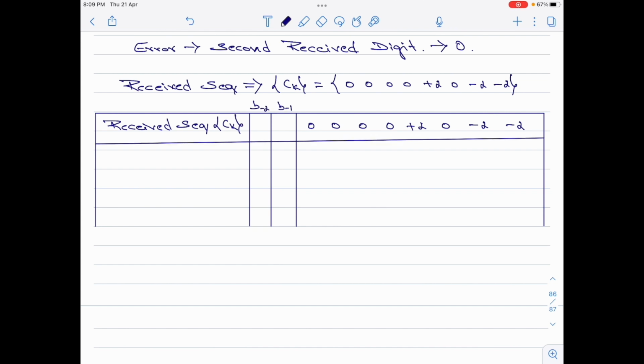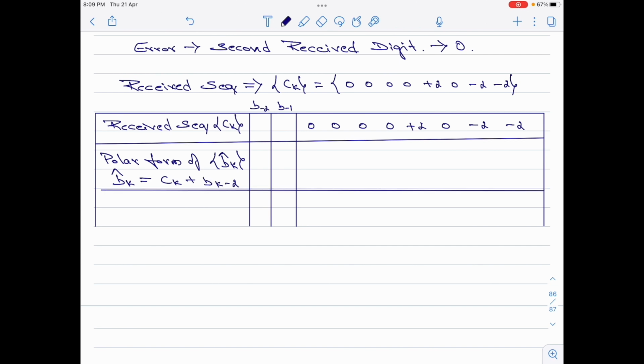As in the previous receiver, we will now compute the polar form of b_k, using the equation b_k cap equals c_k plus b_{k-2}. We know that b_{-2} and b_{-1} are 0 0, so their polar form would be -1 and -1.